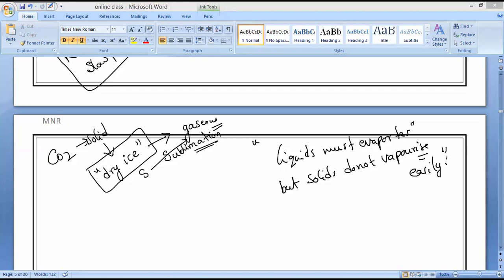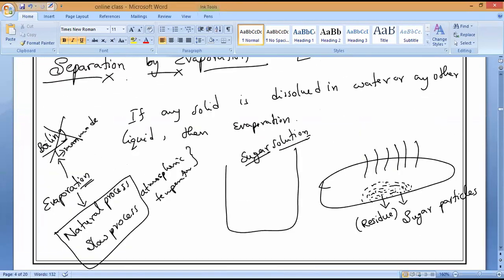Evaporation of a liquid can take place even at room temperature, meaning very low temperatures also. But evaporation can be made quicker by heating the solution. If you are heating, what is that process called?